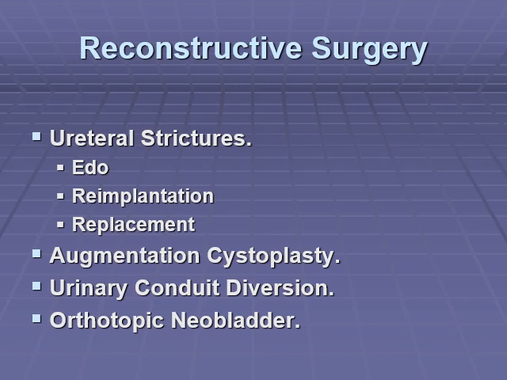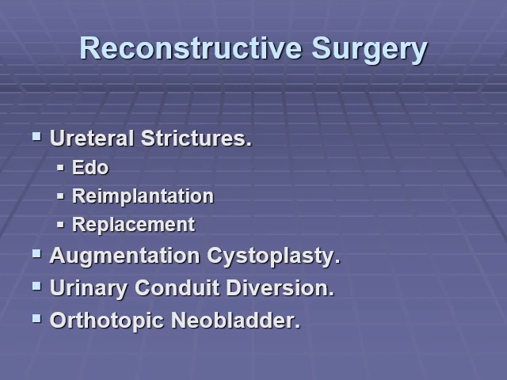But if it fails, or if the bladder is not completely healthy, I can do what's called ileal cystoplasty, which means taking part of the ileum and adding it to the bladder to increase its size. But if the bladder is so contracted that it cannot be augmented, I remove the whole bladder and do what's called a urinary conduit, which takes part of the ileum and puts the ureter in one end, while the other end is put on the skin, which is called a urinary conduit diversion.